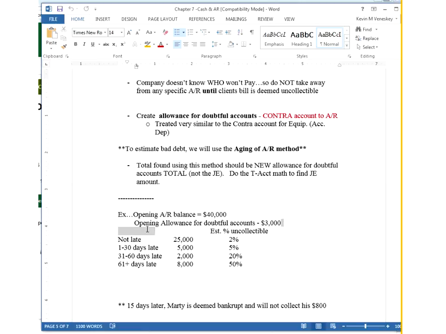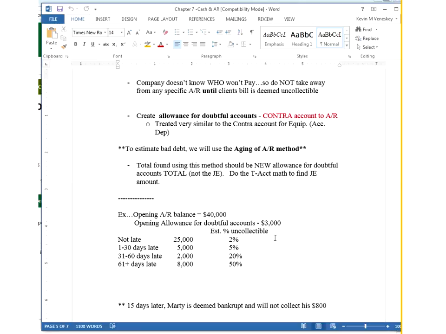So I know what my beginning amount is because it's been given to us, 3,000. I'm going to go through and total up all of these, get one final total. Say it was $4,000. Well, my journal entry would then be, I went from 3,000, now I'm at 4,000. What did I do to get there?